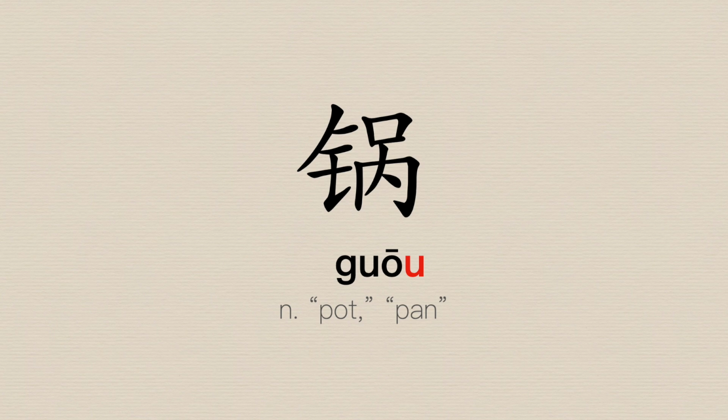So instead of guo and stopping there, it's almost like we're putting another U on the back of that word. It sounds like Americans are saying G-U-O-U, guo, guo, instead of just guo.